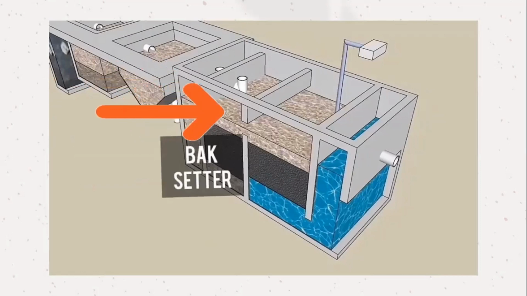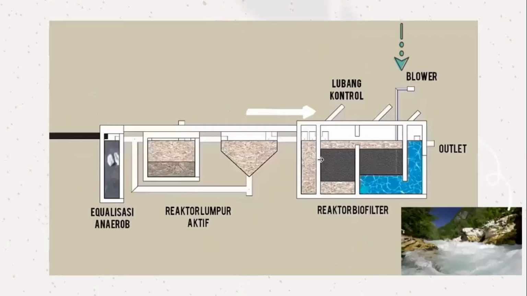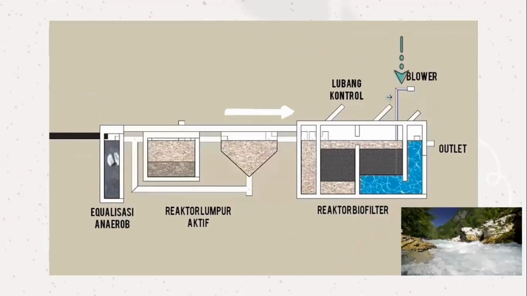Next, the runoff water from the anaerobic biofilter reactor will flow into the aerobic biofilter reactor that is filled with the media of a honeycomb. While being aerated by using a blower, the existing microorganisms will decompose the organic matter present in the wastewater and grow and stick to the media.